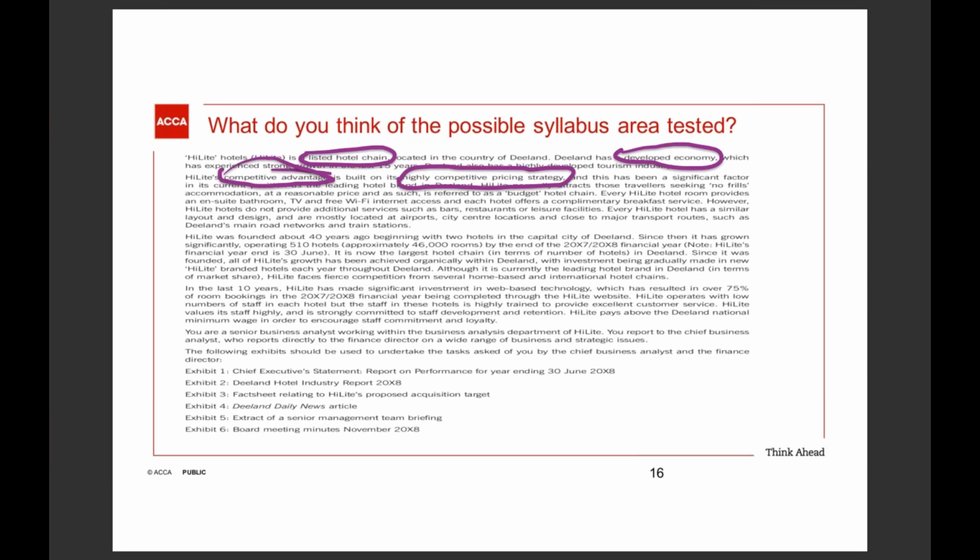Definitely you need to know a little bit about what a competitive pricing strategy is, maybe a little on what they're talking about regarding competitive advantage here. Remember they're trying to attract what? No frills. So this is talking about strategy.